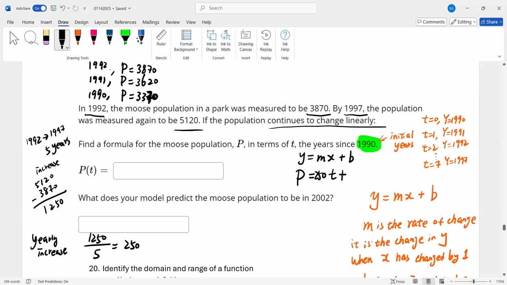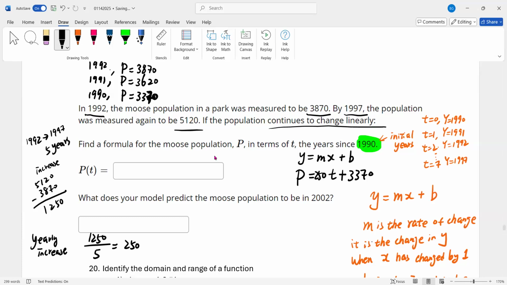Do you guys agree? Yes. So the B value is 3,370, the moose population in the year 1990.